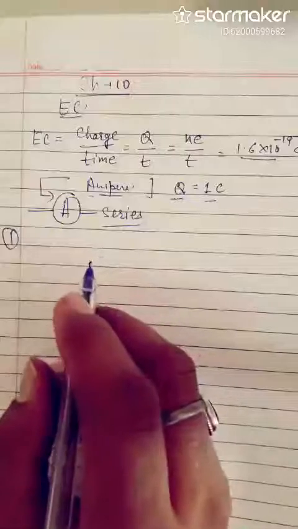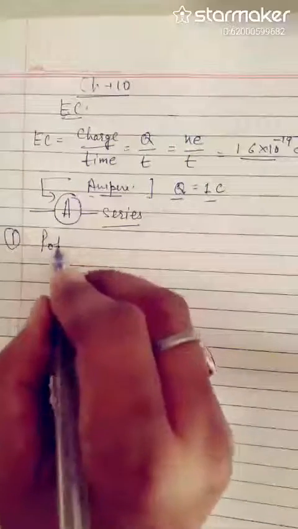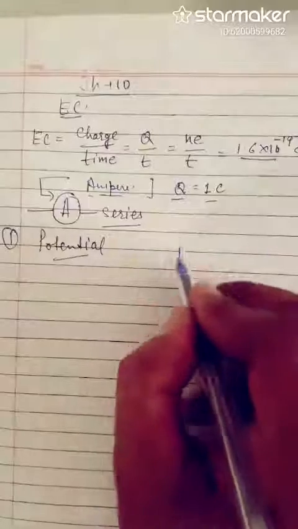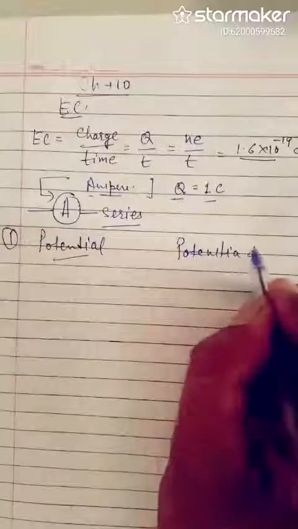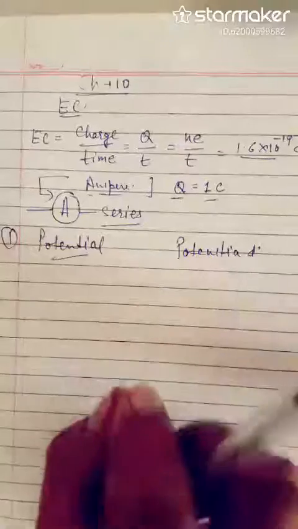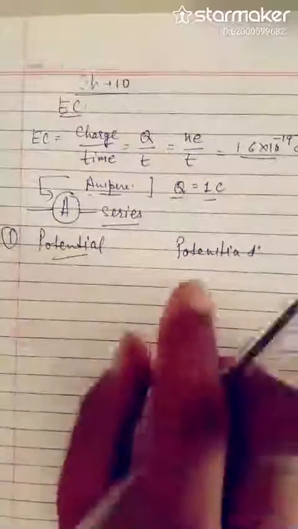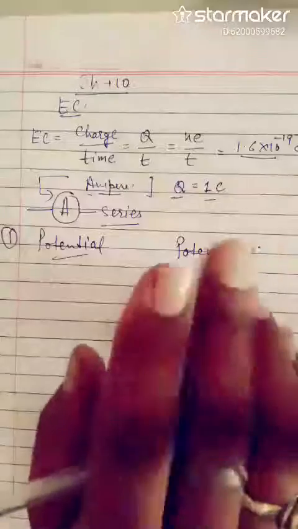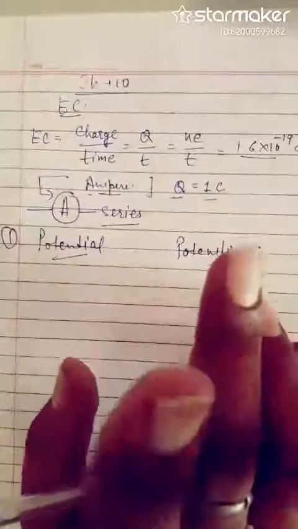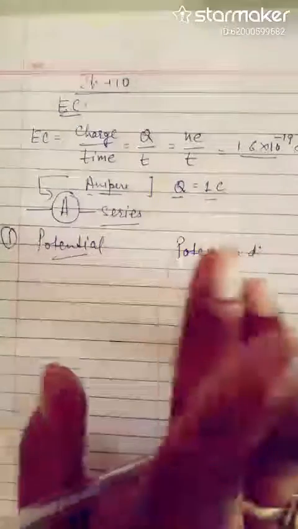So the second topic is what is potential, what is potential difference. I think you all have heard this term potential. And what is potential difference? Electric potential gives the direction of electric flow of a charged body. When two charged bodies are kept in contact, then the positive charge always flows from the body at higher potential to the body at lower potential.